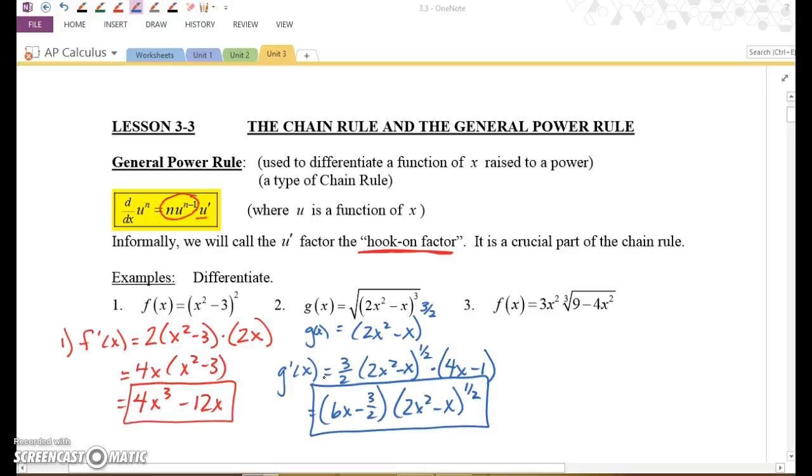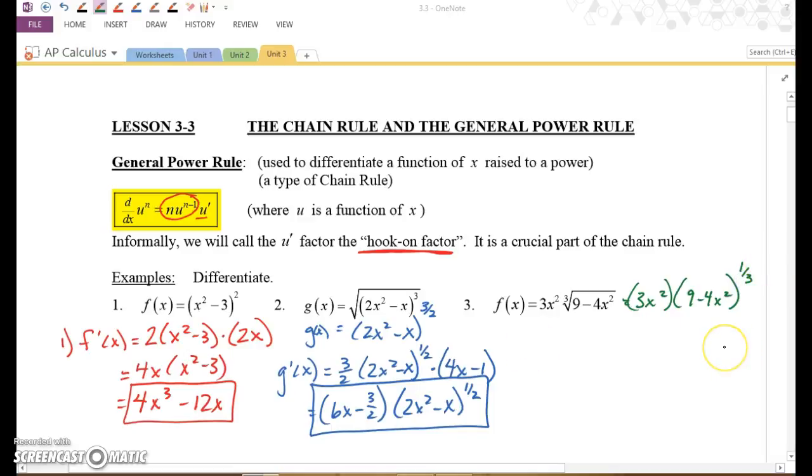Number 3 is a little more complicated because basically we have two pieces that are being multiplied. If I rewrite this, we have 3x squared, which is one quantity, multiplied by 9 minus 4x squared to the 1/3 power.